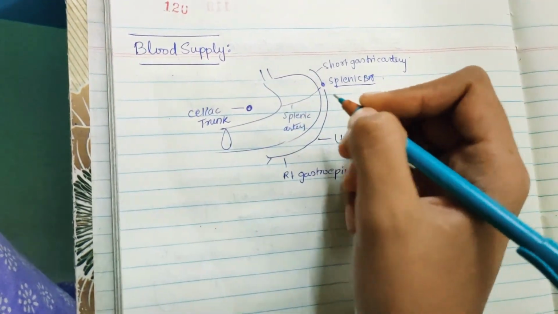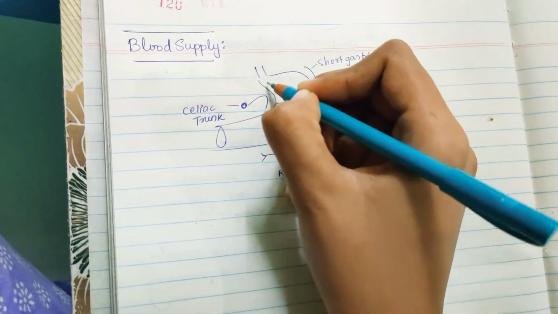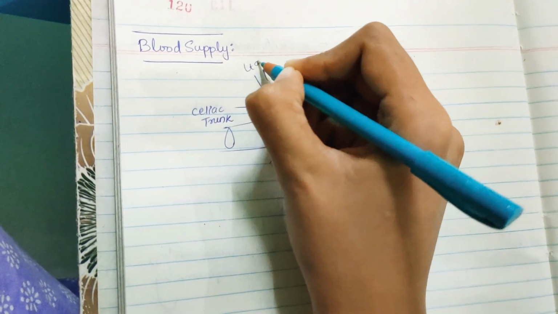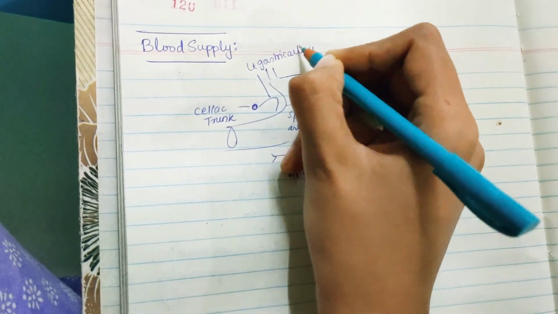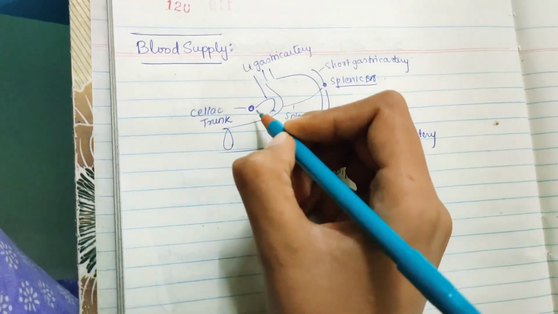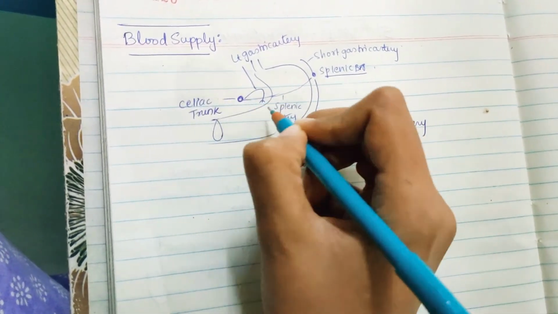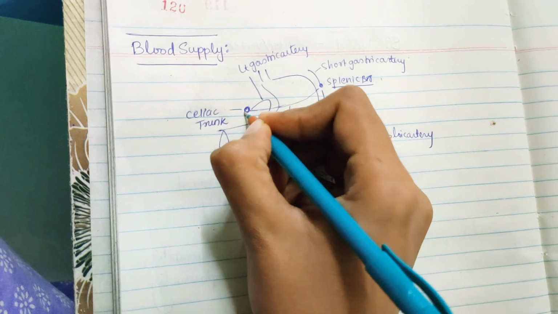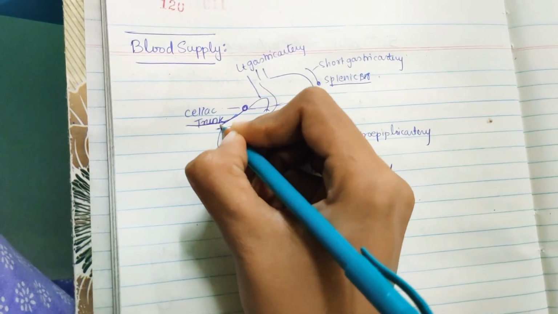From the celiac trunk you will get the left gastric artery, and this splenic artery is also continuous with this celiac trunk, and from this celiac trunk you will get 2 branches.